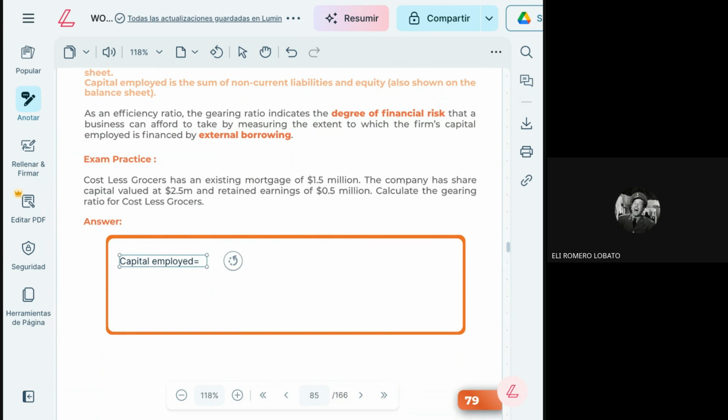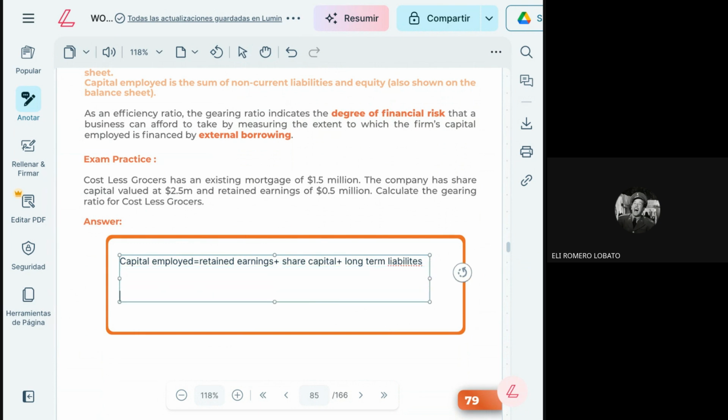Remember, it's retained earnings plus share capital plus long-term liabilities. Okay? So, as an example given to you, the sum of internal and external sources of finance.